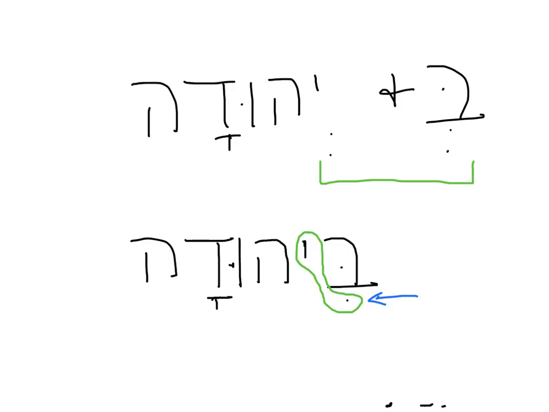So kind of there's a chain reaction that happens in this case. And so to say in Judah, what we would wind up having then is Bihudah, and that's in Judah.